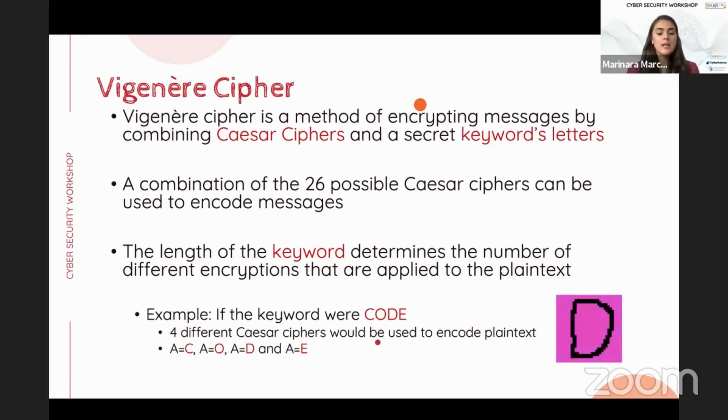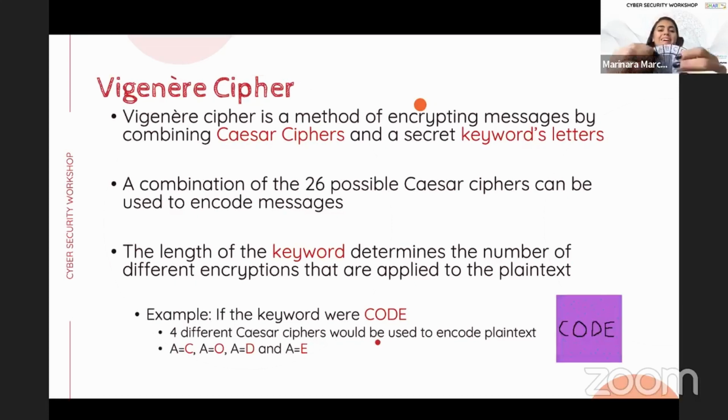So first we'd start off by aligning A with C, and then we'd encode a letter, okay? So I have my A aligned with C, and then we'd encode the letter. And then we'd need to move it. We'd go A equals O. I didn't align it correctly.